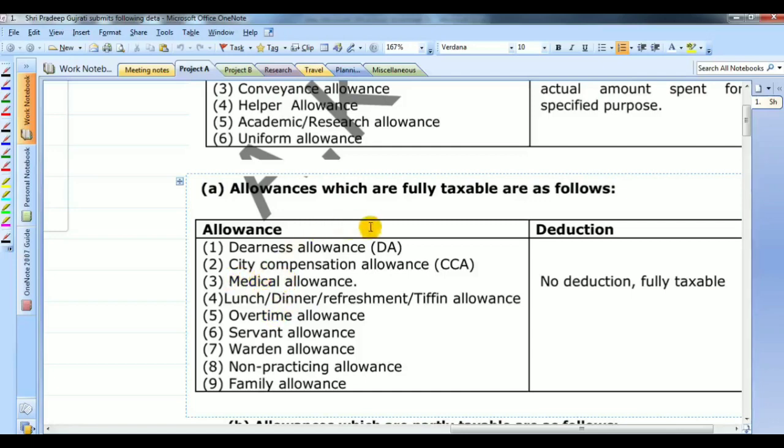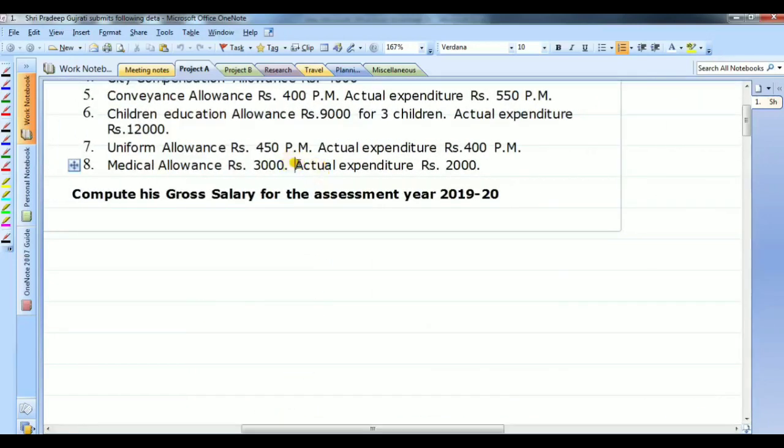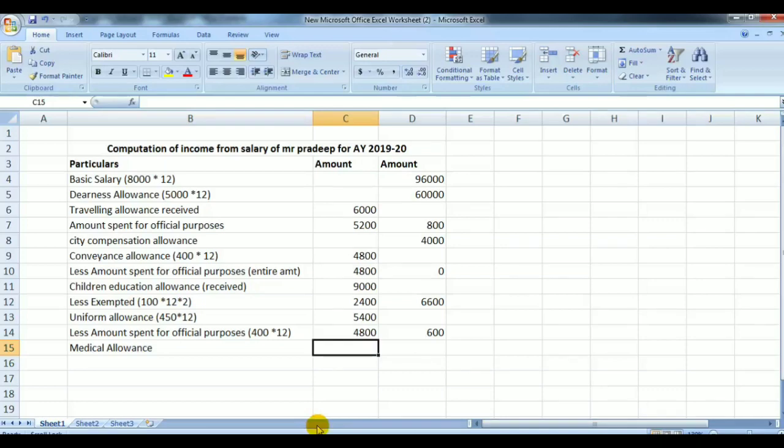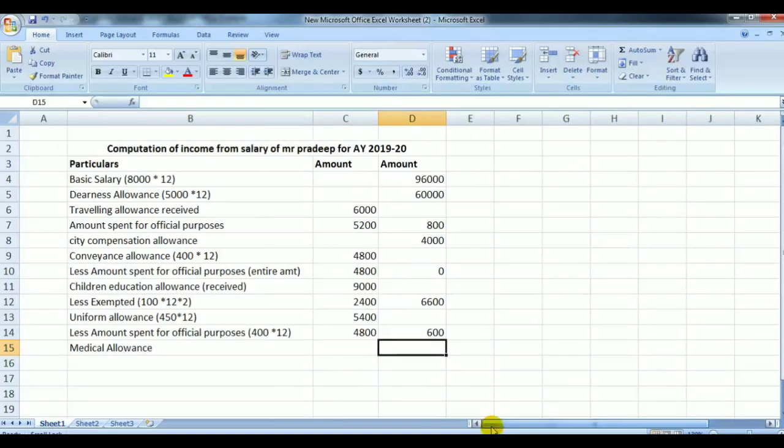Medical allowance is a fully taxable personal allowance. So again, actual expenditure is just given to confuse you. Entire 3,000 rupees will be taxable. Entire 3,000 rupees I will write as taxable.